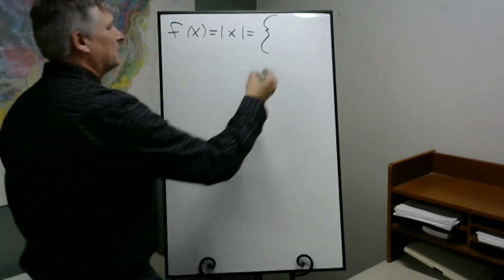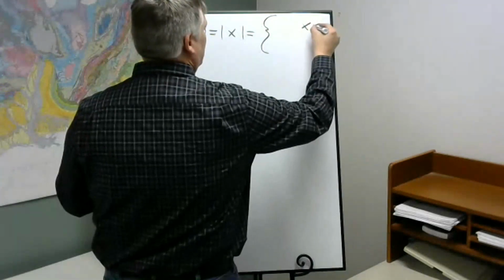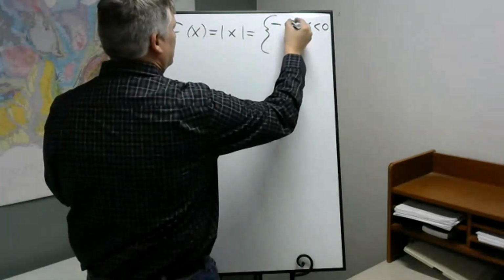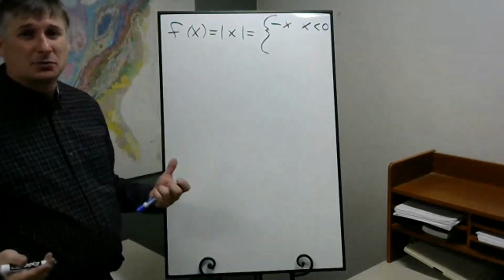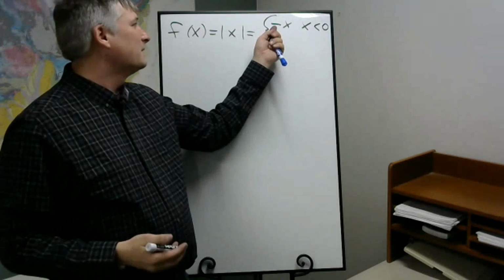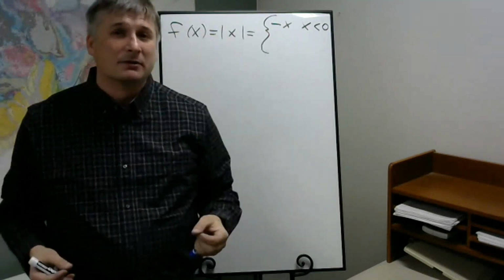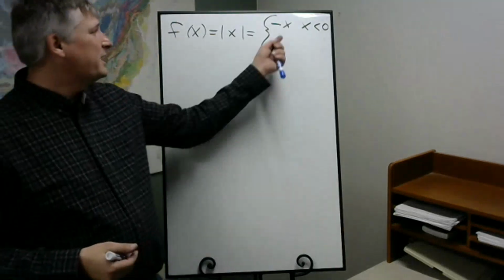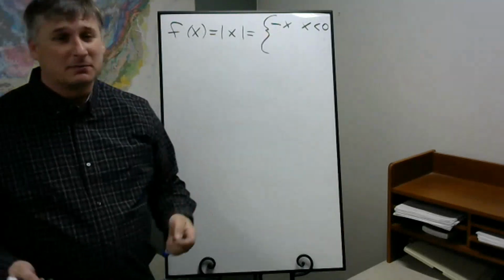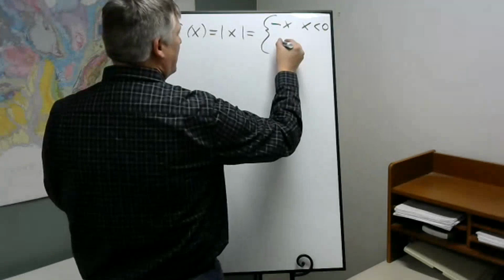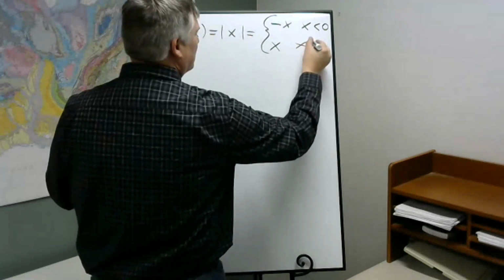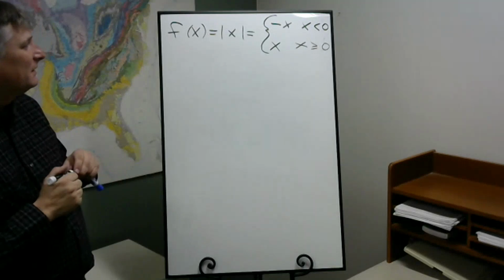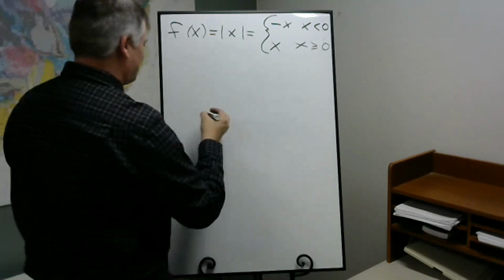So if you're x and you're less than 0, we've got to make you positive. So we multiply by a -1, or we put the opposite operator, which makes negatives positive and positive negative. So a negative number with a negative will become positive. And then if you're already positive, well, you just stay the same. And there you go.